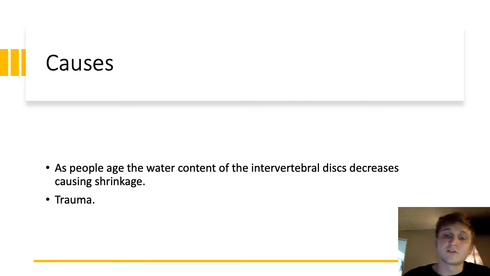So the 2 common causes that I found were, 1, aging. As people age, the intervertebral discs actually lose water content, which causes shrinkage. And the second being trauma. Just any kind of trauma to the lower spine can cause this.